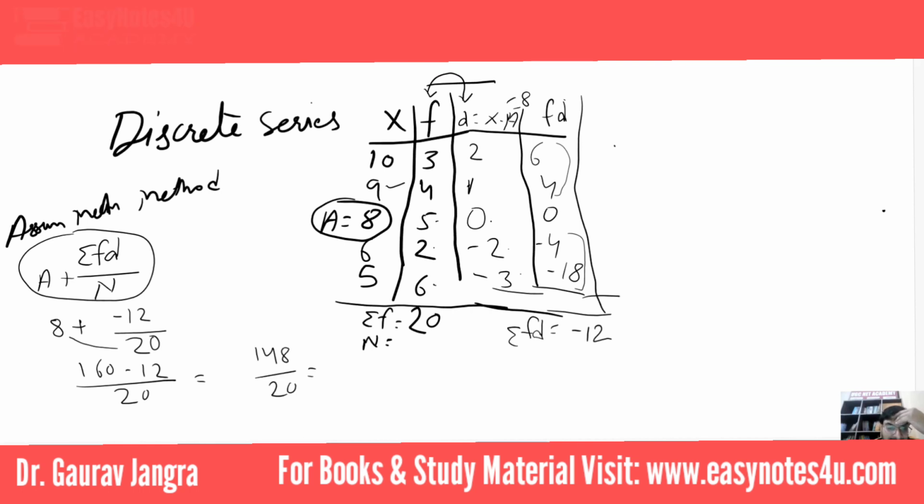The value will be the same as whatever we calculated before, 7.5. So the value will be the same from each and every method if you calculate.